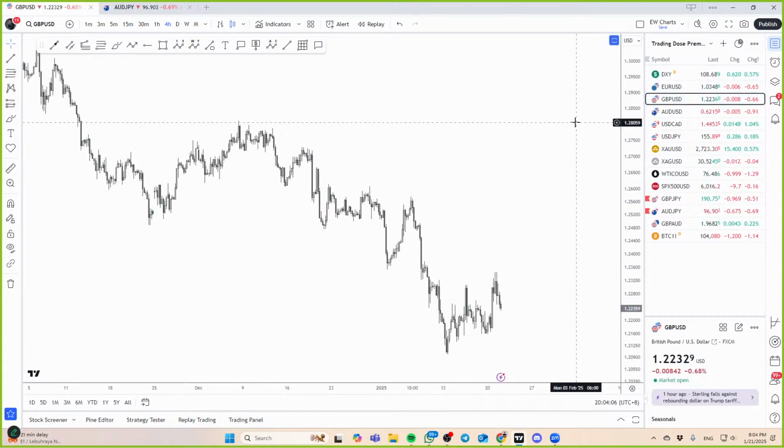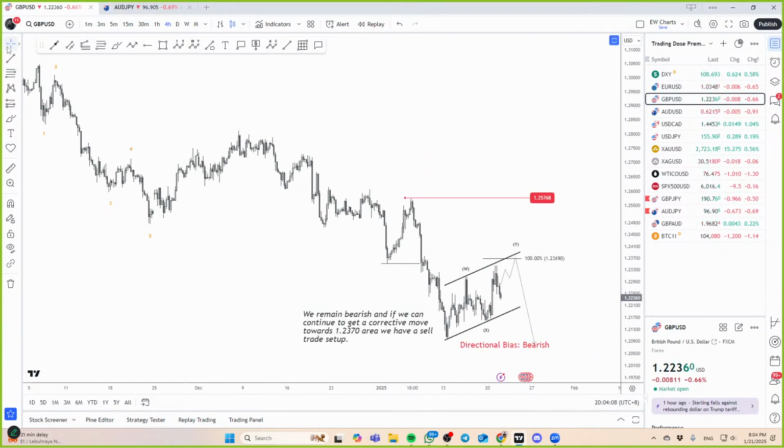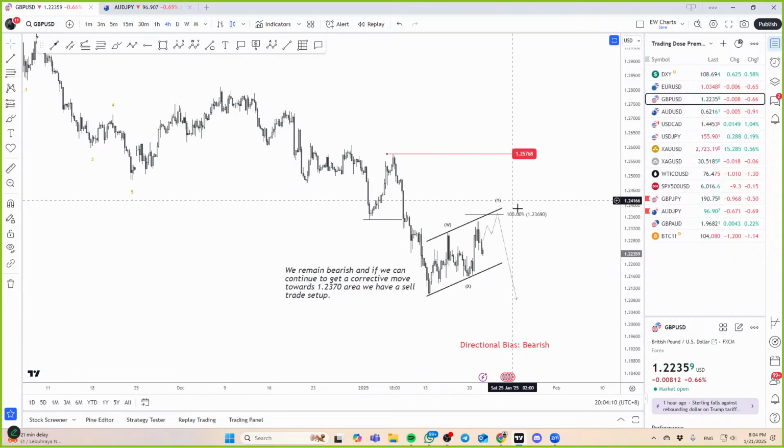GBP USD is the one where I think the bias is still pretty straightforward. We're overall still bearish on this. Whether wave 3 has completed here, or there's going to be another push before the drop, we won't know for sure.